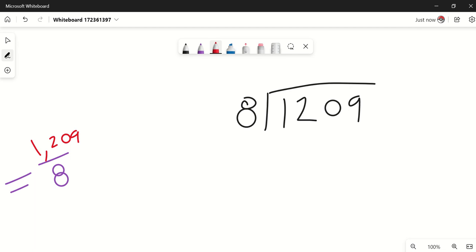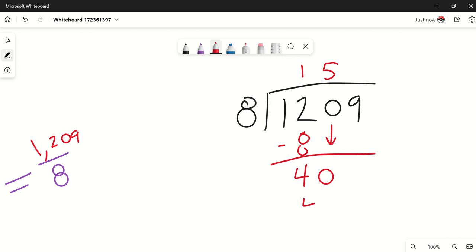8 will not go into 1. 8 will go into 12 one time. That'll equal 8. When I subtract, I will have 4 left over. 8 won't go into 4. Bring down the 0. 8 will go into 40 5 times. 8 times 5: 5, 10, 15, 20, 25, 30, 35, 40.